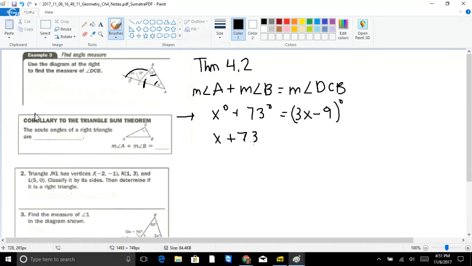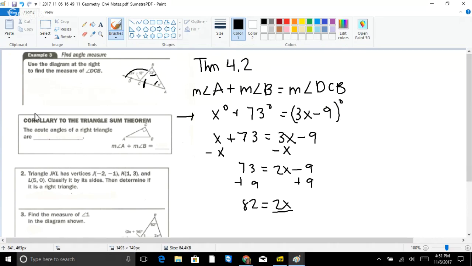We're going to solve for x, right? Okay, so let's send this x to the other side. We'll subtract x from both sides, and we get 73 equals 2x minus 9. Then we're going to add 9 to both sides, and we get 82 equals 2x. Divide both sides by 2. This is good algebra review, right? And we get x equals 41.